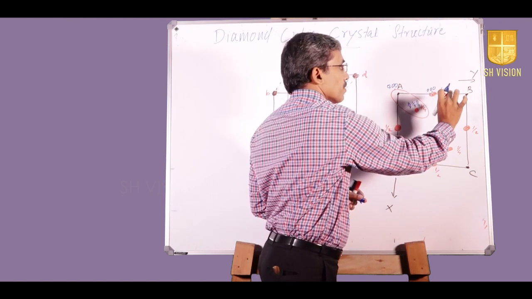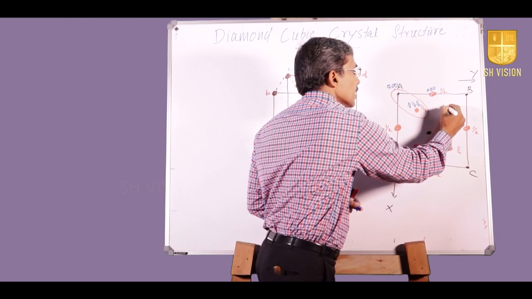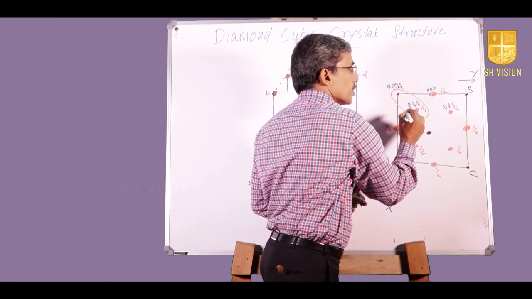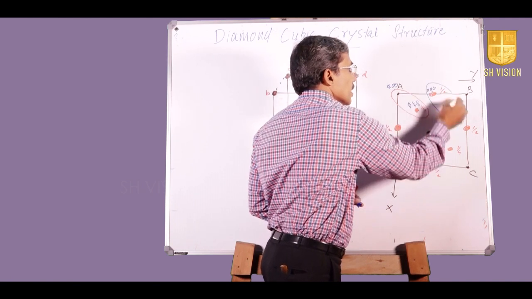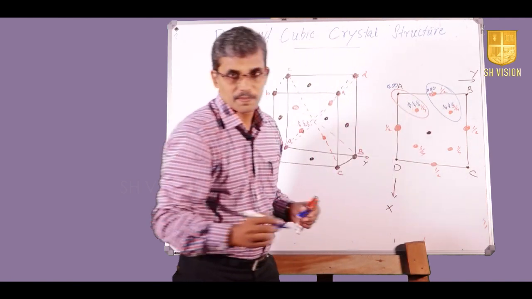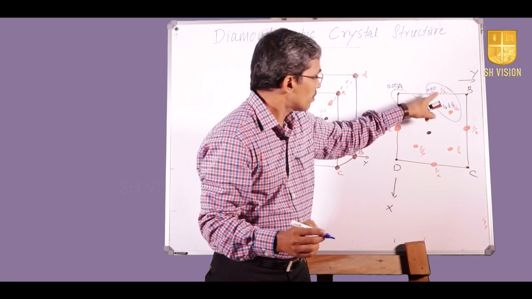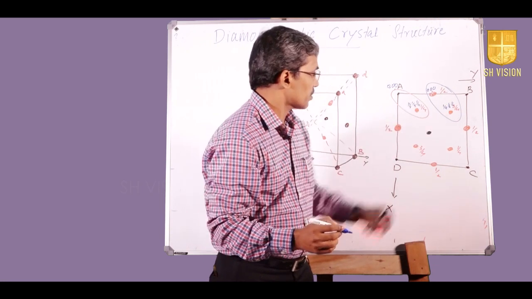So the difference is 1/4. Therefore, this will also be 1/4, 1/4, 1/4. If I call this 0 and combine these 2, again it is one and the same. Therefore, this is another basis. The basis consists of 2 atoms.